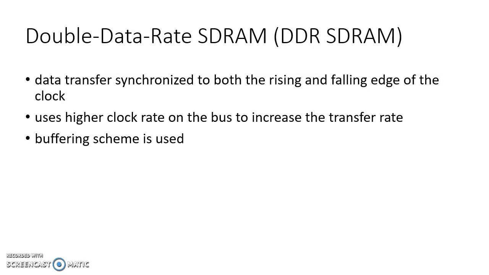And then the other thing is this buffering scheme can be used. If you think of the processor writing data, if it's writing data faster than the memory module can store it, the data will buffer, and then the memory module will catch up and write the data out to the memory.